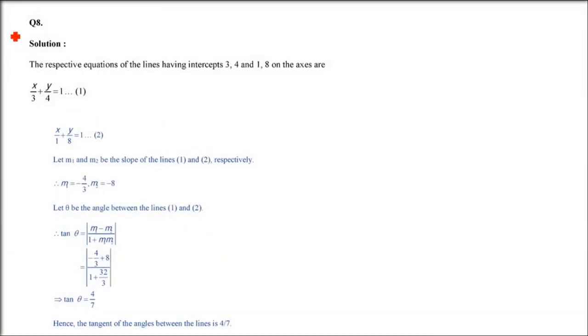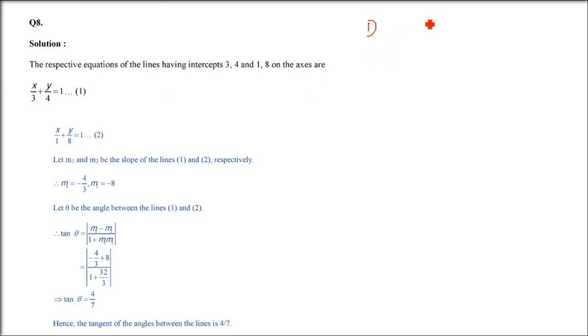The 8th question is, find the tangent of the angle between the lines which have intercepts 3, 4 and 1, 8 on the axes respectively. So 3, 4 is for the first equation, 1, 8 is for the second equation. This 3, 4 is a and b, the x and y intercepts, and 1 and 8 is a and b for the second line.